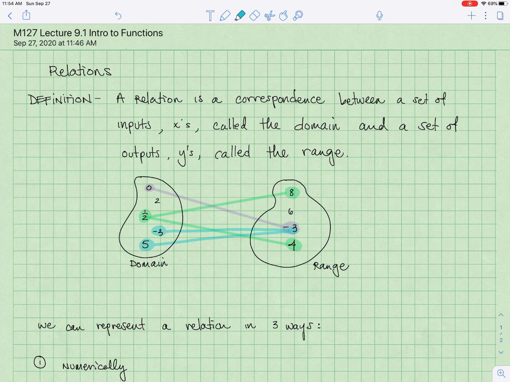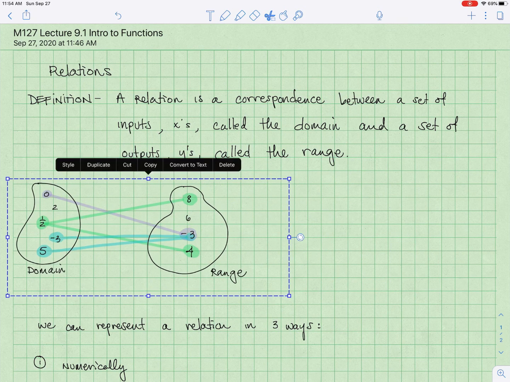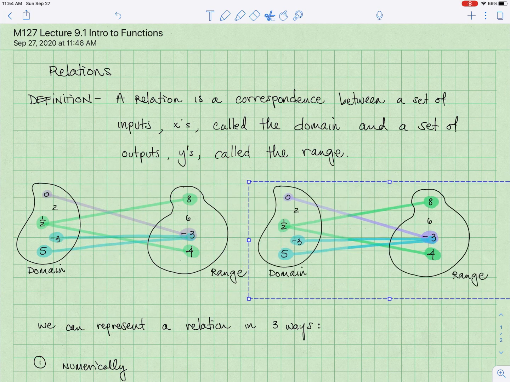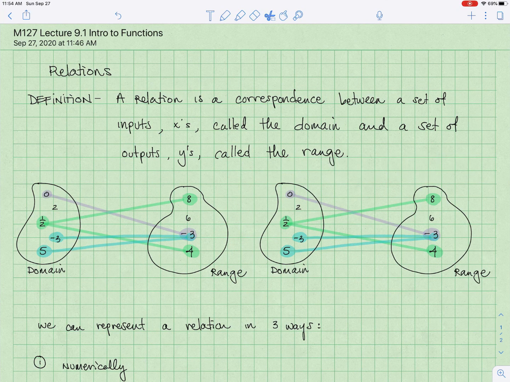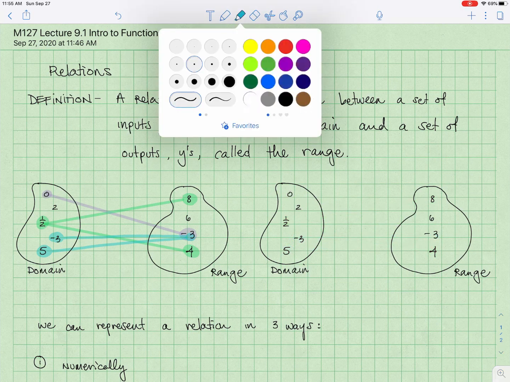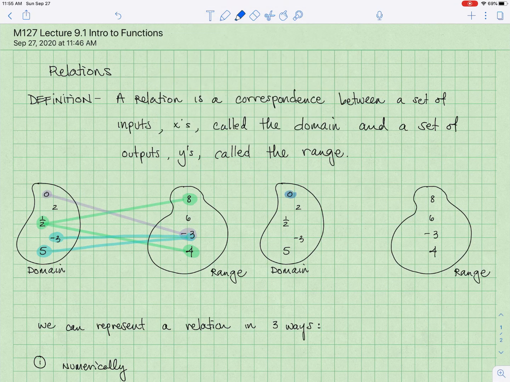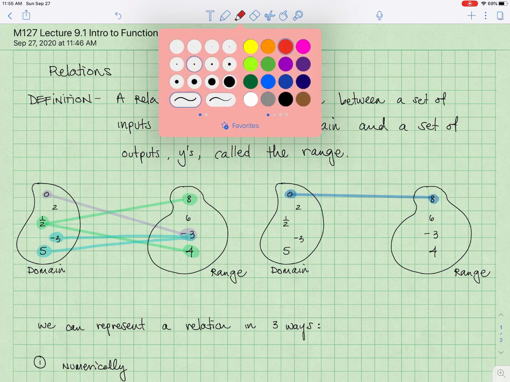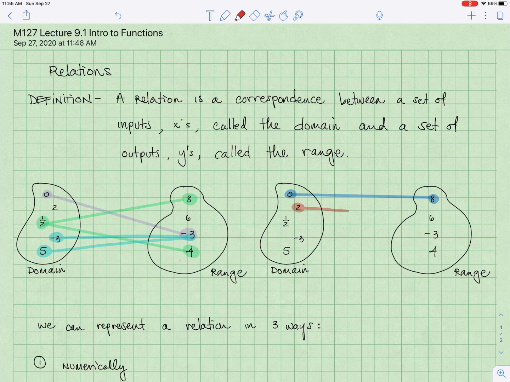For example, if I duplicate this over here, I could just as easily choose a different relationship between all these values. Let's get some different colors here. Maybe I want to do something as straightforward as 0 gets matched to 8, and 2 gets matched up with 6.